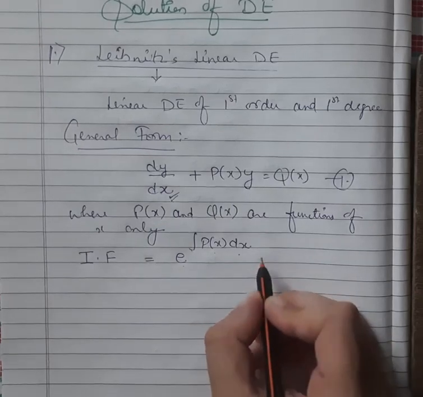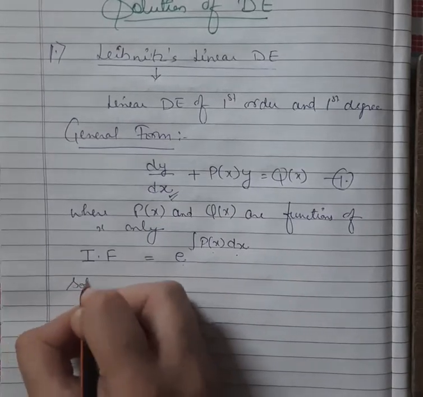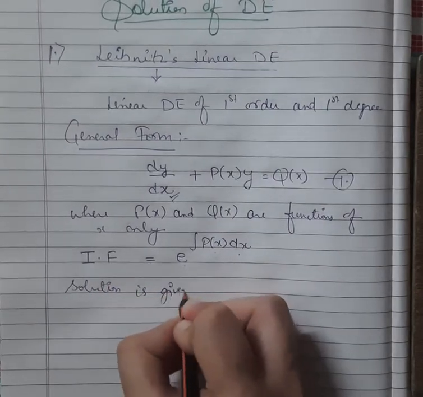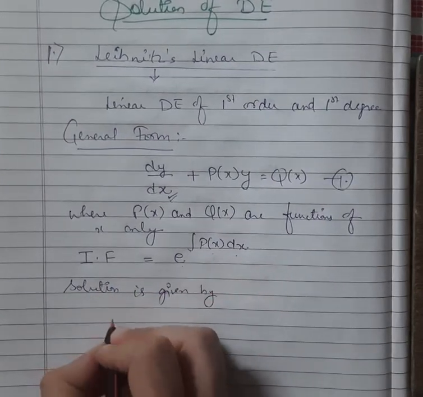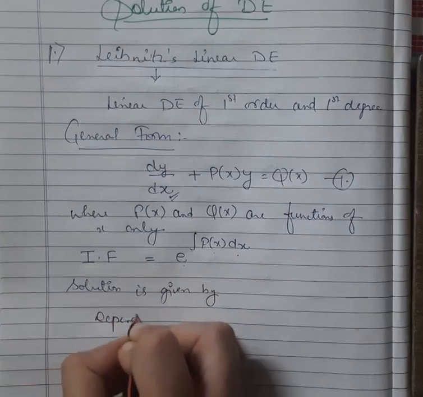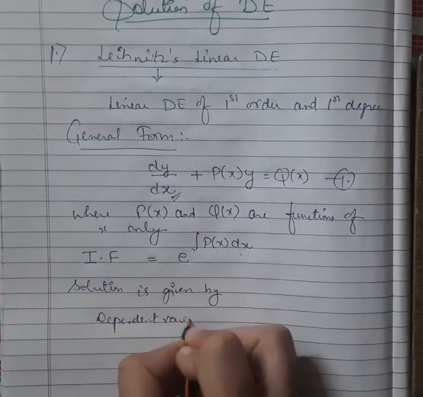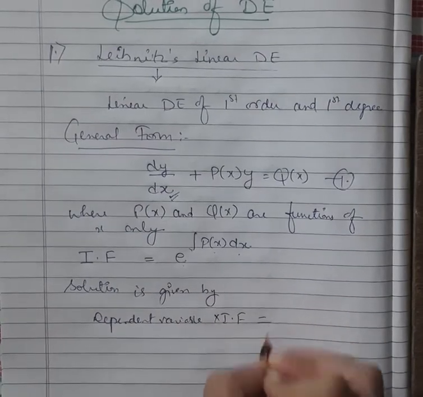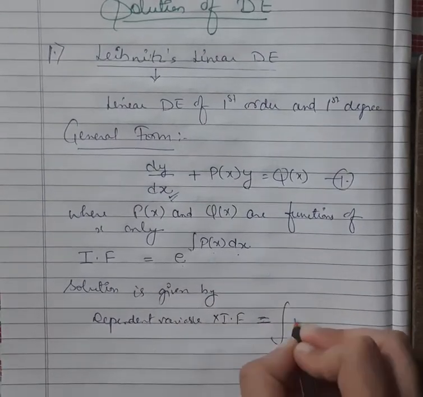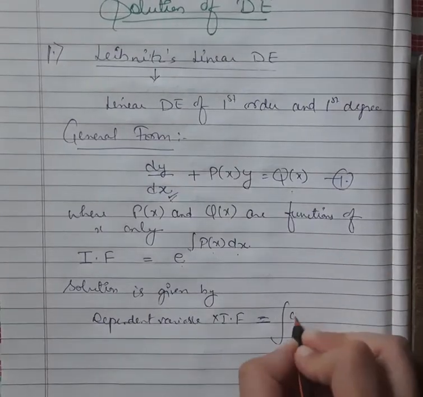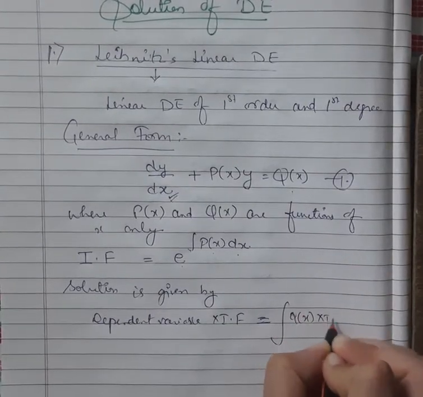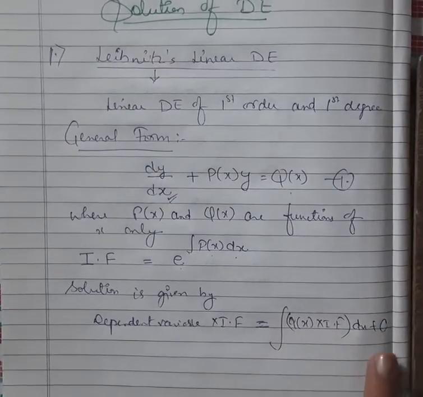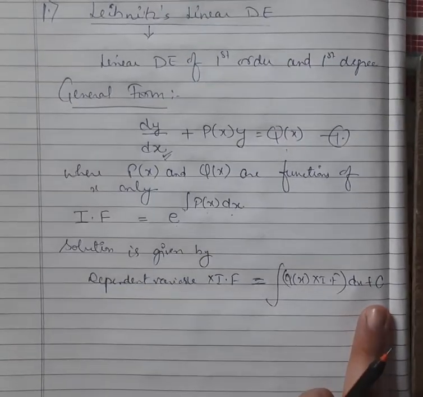Once you are done with this value, what you have to do is, the solution is given by dependent variable multiplied with integrating factor equals to integration of your right hand side function which is q multiplied with integrating factor dx plus c, where c is the constant of integration.